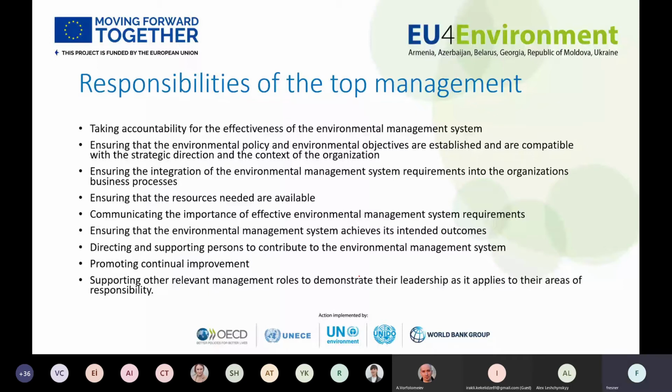By having an environmental policy, by establishing environmental objectives, by integrating all the elements which we have just discussed into the management system, into the business process, they build the basis for an effective system.